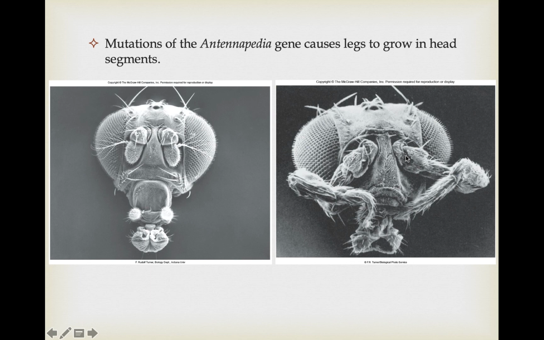And so these mutations have allowed us to understand where those genes are and what the function of those genes are, and that it's differential expression of those. So this gene would not normally be expressed in the head end, it would just be expressed in the thorax where the legs are in an insect.